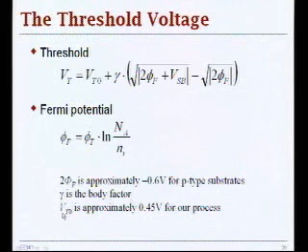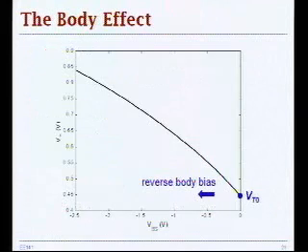Gamma is the body factor, and VT0 is approximately 0.45 volts for this quarter-micron CMOS process that we'll use in the class. So what this relationship tells you is, let's assume that you have NMOS device. If you apply body bias, then your threshold may increase or decrease depending if you do a forward body bias or reverse body bias. And that's illustrated over here, the body effect business.